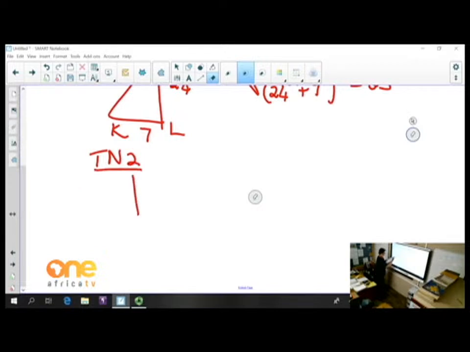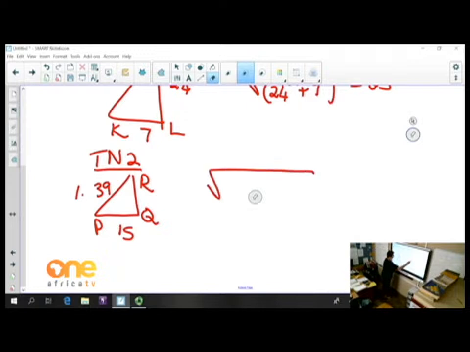So I keep on drawing the sketches. This time Q is 90 degrees, PQR. And now we say QP is 15 and PR is 39. Now we want to find the other side, and that means that we're going to subtract. So this time it will be 39 squared minus 15 squared.